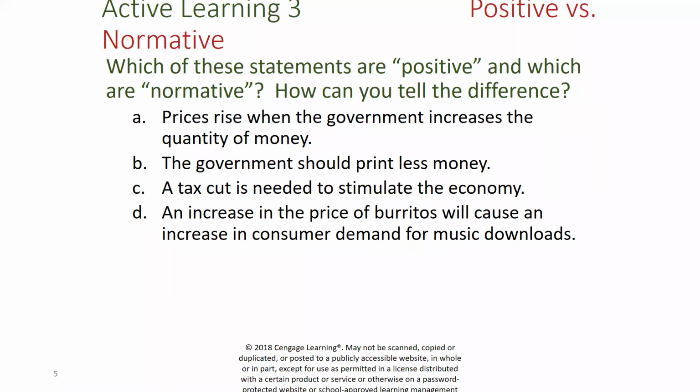A tax cut is needed to stimulate the economy would be a normative statement, because normative statements are more values and judgment. So if I'm looking at positive, I'm looking at facts. If I'm looking at normative, I'm looking at judgment. Again, a positive statement could be unemployment is 7%. The normative is unemployment is high due to President Biden's economic policies.